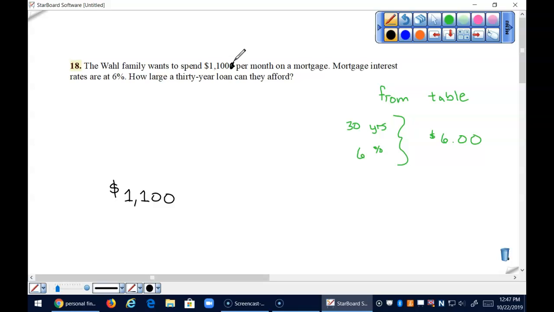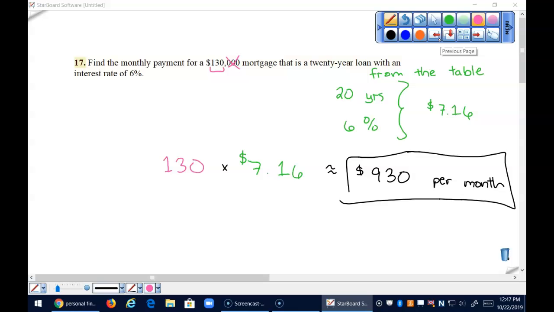We're finding so many typos. Okay, so we take that and divide it by the $6. And whatever we get, this is the red number in front of the 1,000 on the mortgage size.